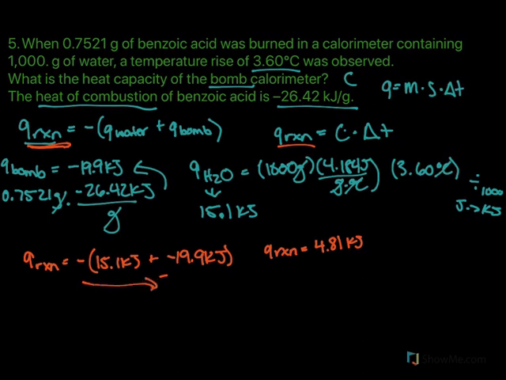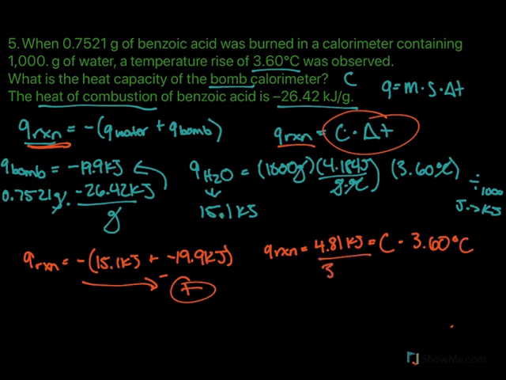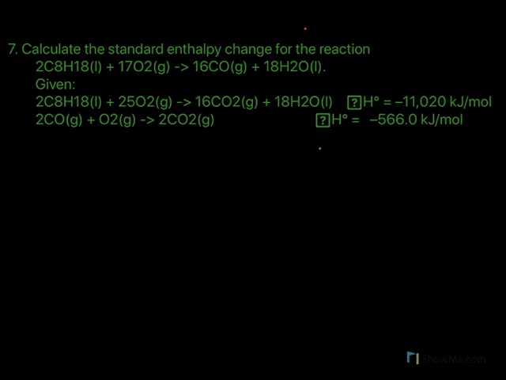This will be a negative value, and then if you multiply this here, you'll get a positive value. So now we can plug this into this reaction. So this is going to equal C times our change in temperature, which is 3.6 degrees Celsius, and if we divide this by 3.60 degrees Celsius so that we can get rid of this, our heat capacity will be 1.34 kilojoules per degree Celsius.